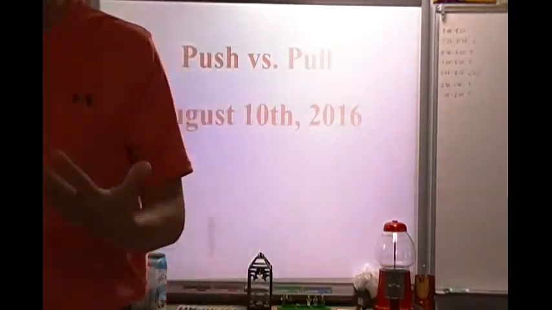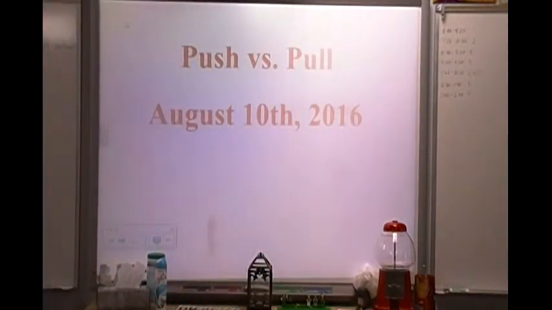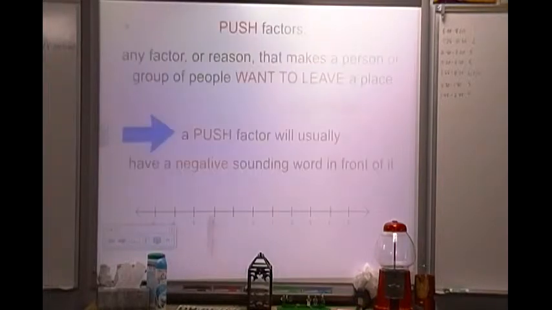Okay, so there are 2 reasons why people migrate. We probably know these, but let's go ahead and get them in. One reason people move, one factor, is called a push factor.